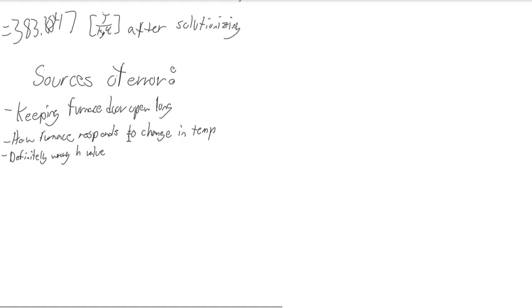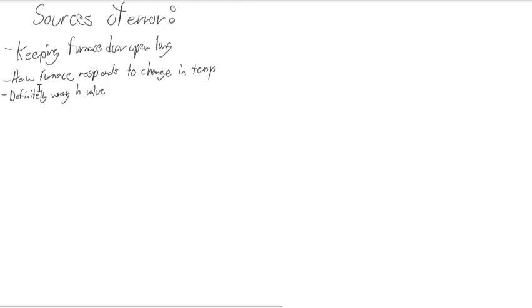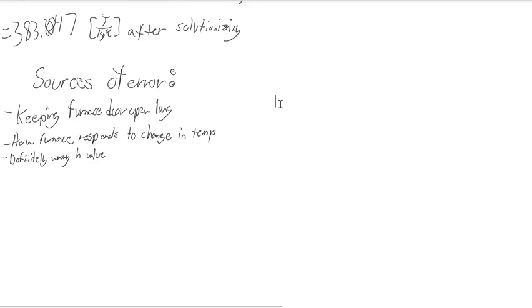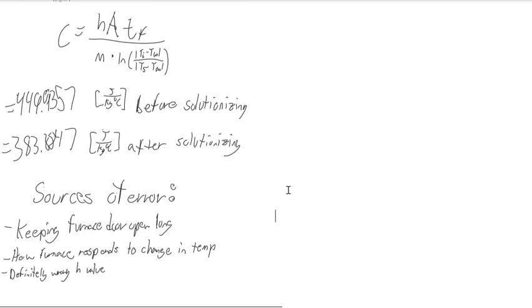So at least for this furnace, it will sometimes go above 135 Celsius if you have the door open and the temperature initially goes below, because it's trying to get back to 135 as quick as possible, uniform throughout. And so depending on how it responds to that, it could actually quicken your sample heating up more than what we're trying to do by comparison. And yeah, I already mentioned this, definitely a wrong h value. So yeah, that's it for my work.